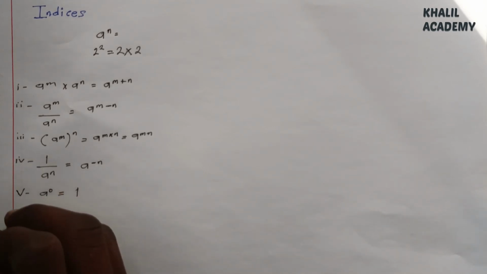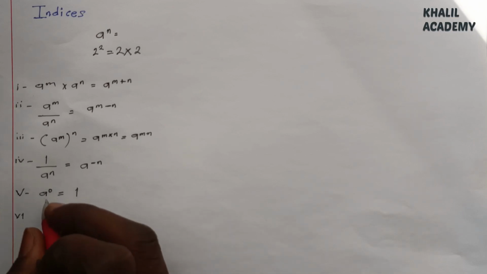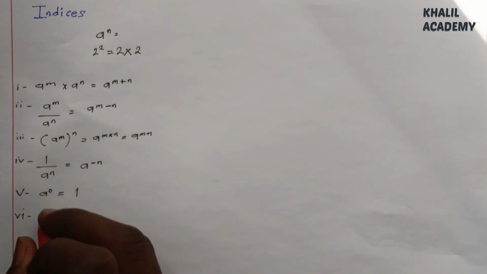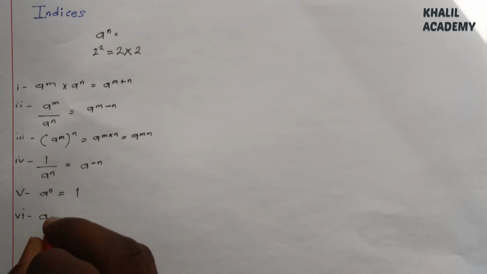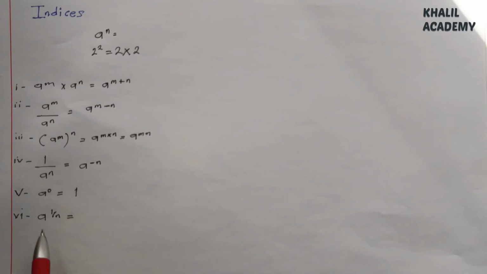Then we move to the sixth law. The sixth law says a raised to the power of 1 over n. Let me explain this one. Normally, a raised to the power of n is the power, but if it carries a denominator, the denominator will be the root.